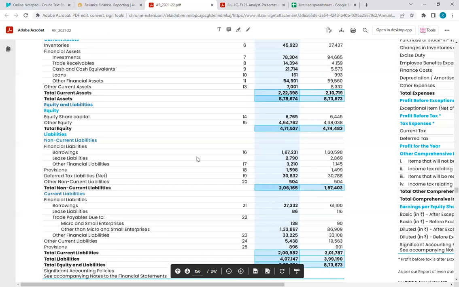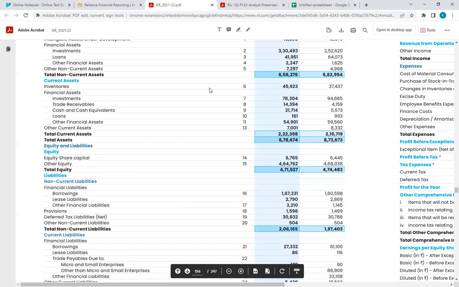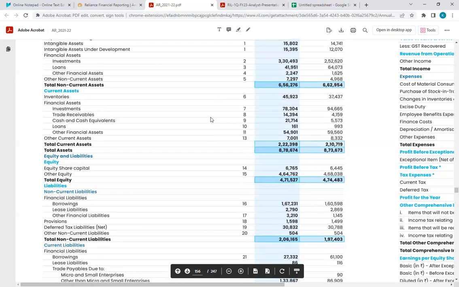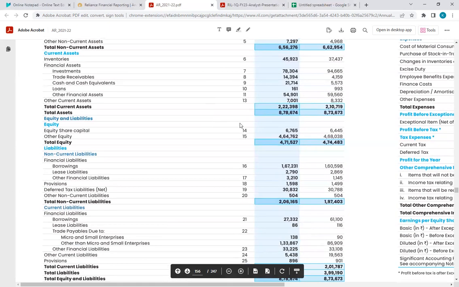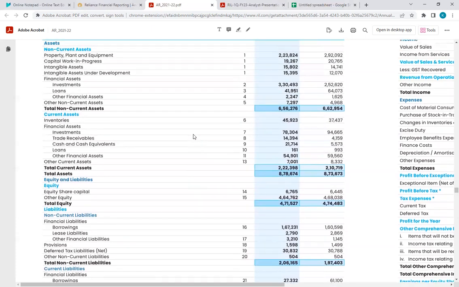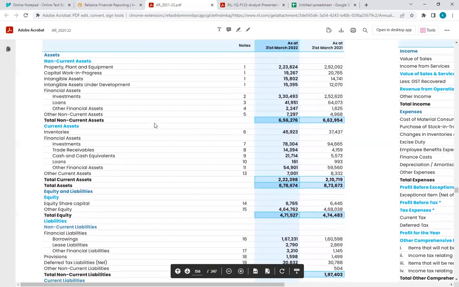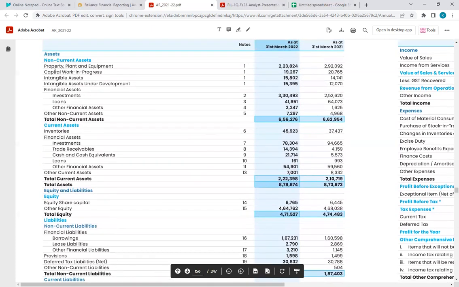This is one of the reasons why we call this statement a balance sheet, because we are balancing both the assets and the liabilities plus shareholders' equity equally.